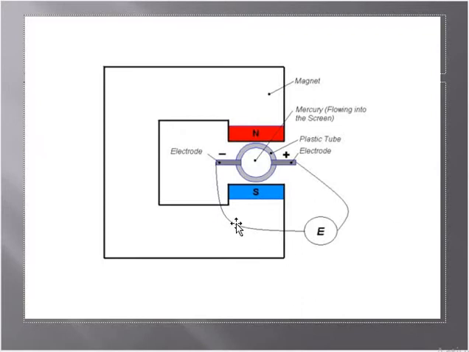Now we will see how this works. Here the magnet is arranged, here two electrodes are arranged, and here a plastic tube will be there, in which the liquid flows. The top one, shown in red, is the North Pole, and S is the South Pole.